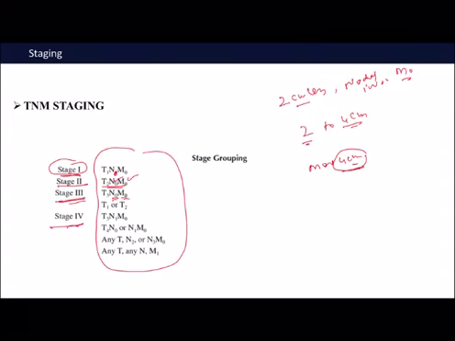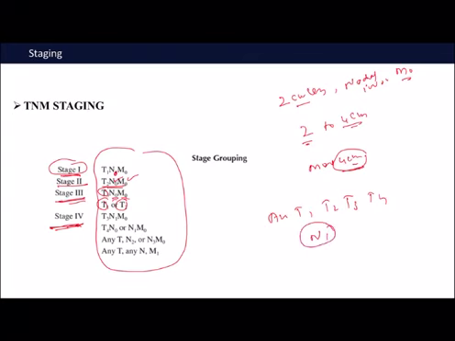And T3, T1 or T2, anyway, will be in your stage 3. But when it comes to stage 4, you can appreciate that T can be any T, remember, it could be T1, T2, T3 and T4, plus nodal involvement is also any node, but majorly it has to be N1, right?